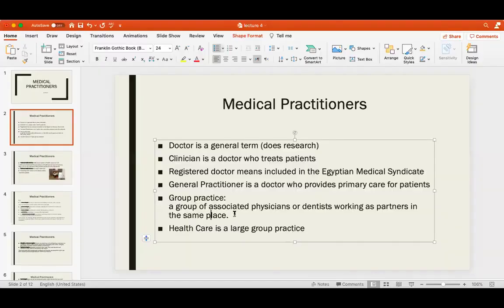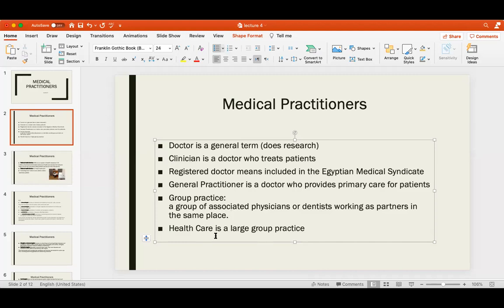So a group practice is a group of associated physicians or dentists, so doctors from different fields, working as partners in the same place. This place is called group practice. Large group practice is called health care.